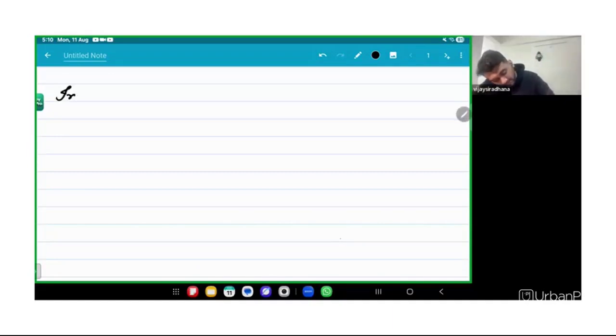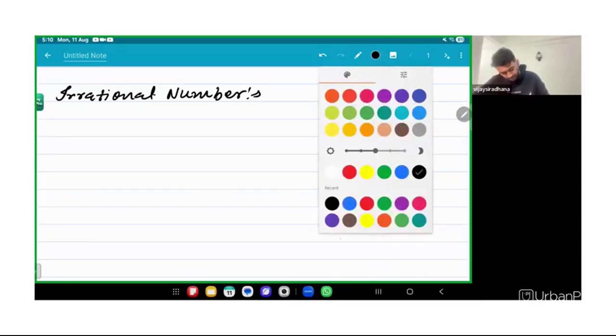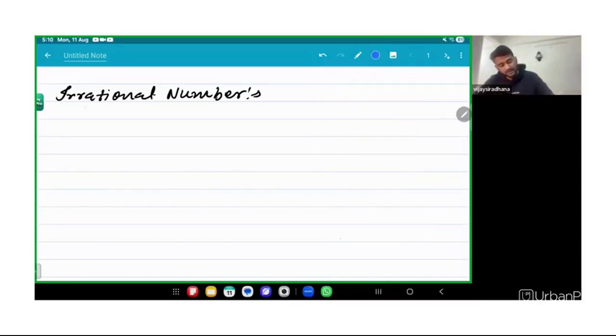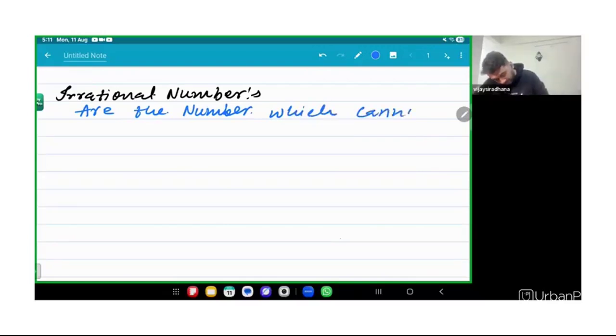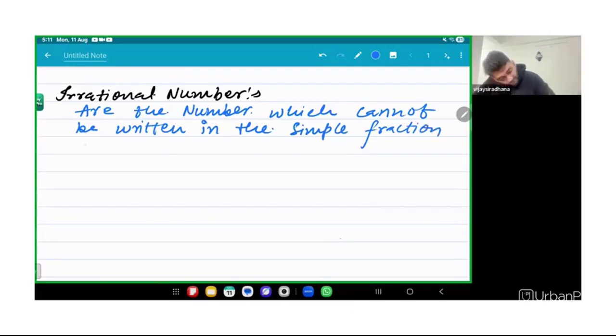If I write down the definition: irrational numbers are the numbers which cannot be written in simple fraction form.